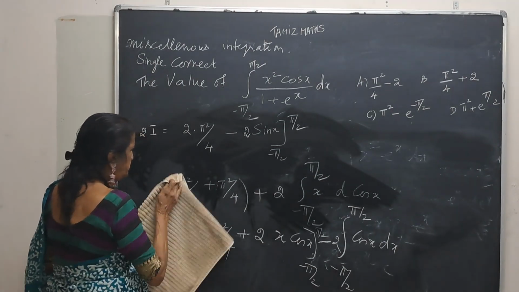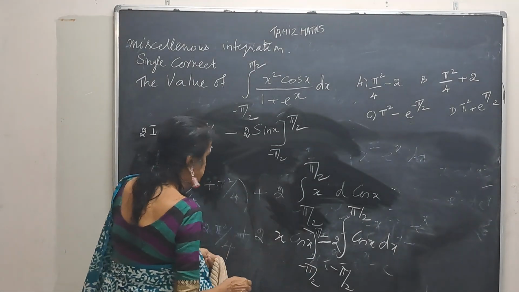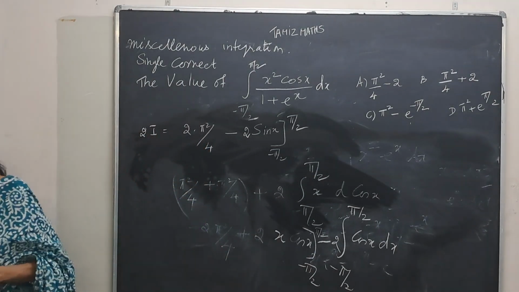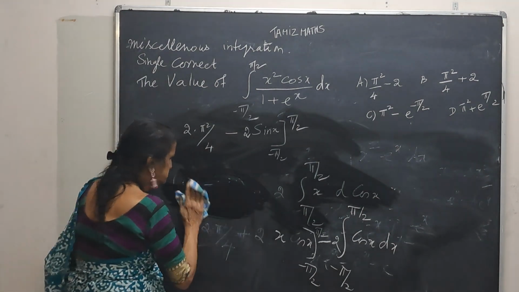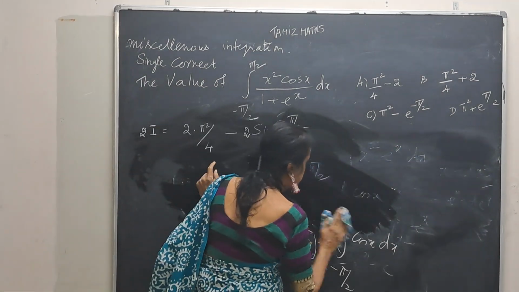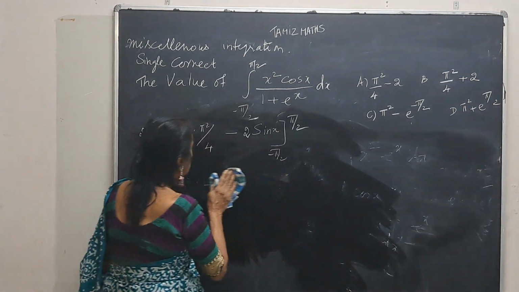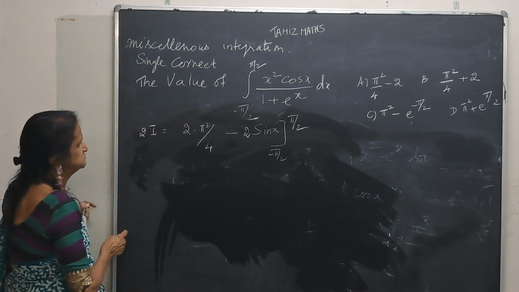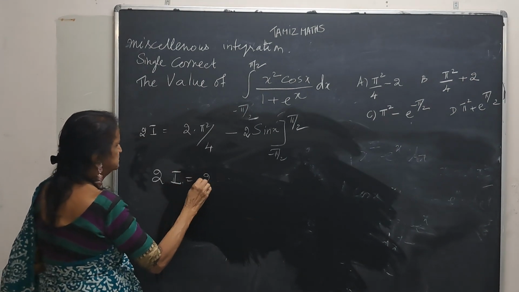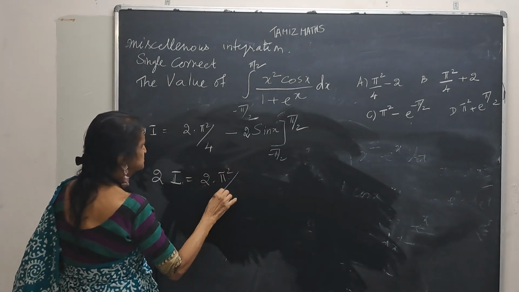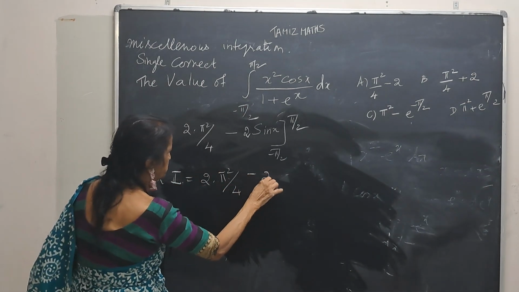Very lengthy and there are many things to learn in this. Sometimes one problem will teach you what you learn in 10 problems. Sometimes it happens. Of course, this problem I don't put in that category. So now we have 2I minus 2.